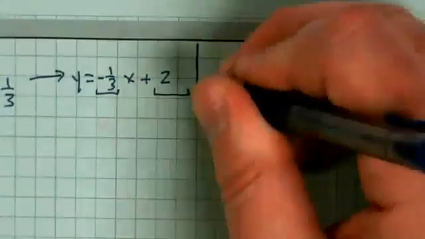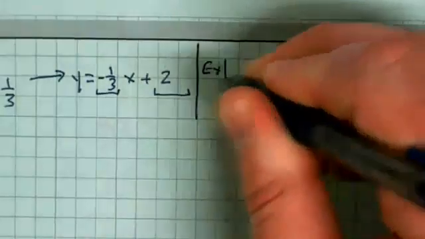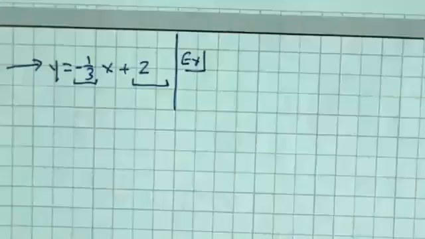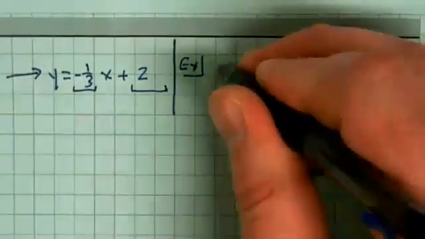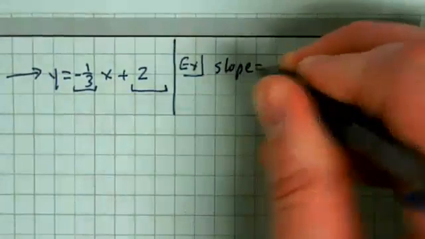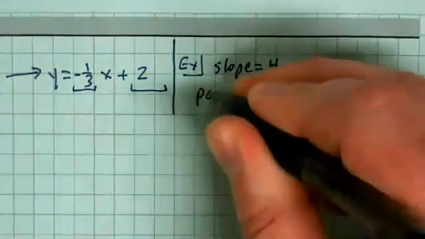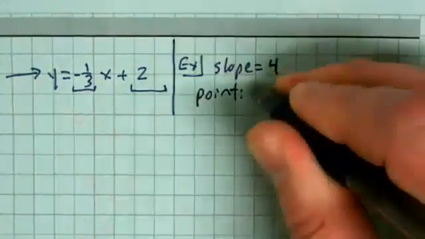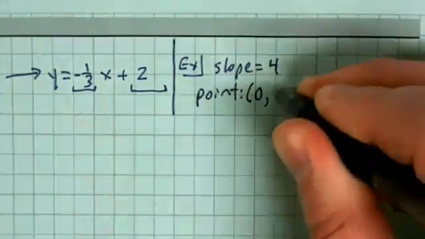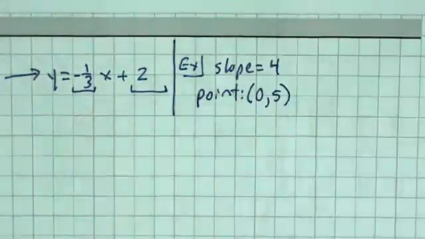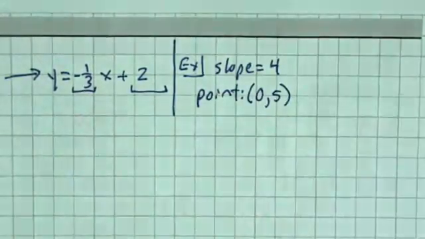Okay, let me give you another one of these. I'm putting it right next door. You can put yours down below if you don't have space. What if I tell you the slope is 4 and it goes through the point 0, 5?